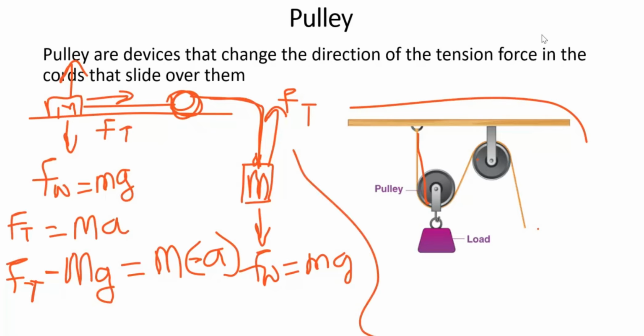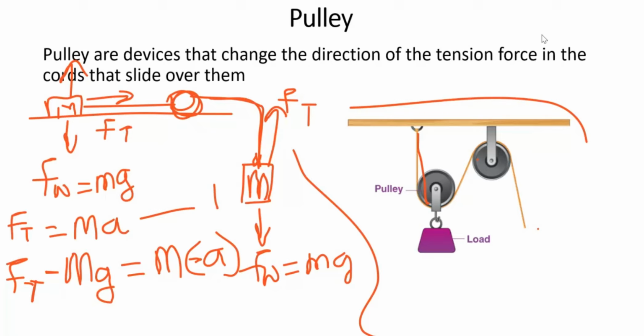Right. Ft = ma, this is equation 1. Then this is equation 2. Let me substitute the values of these two. We've seen that this Ft is the same as this mg here.